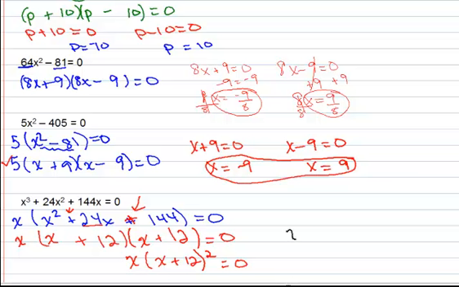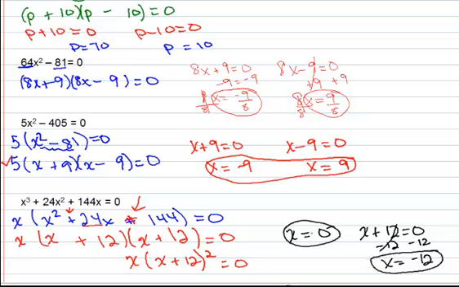So we take each of those factors and set it equal to 0. Solve that one. So we get x is equal to negative 12. And of course there's nothing we need to do with this one, so we've got x is equal to 0 and x is equal to negative 12.